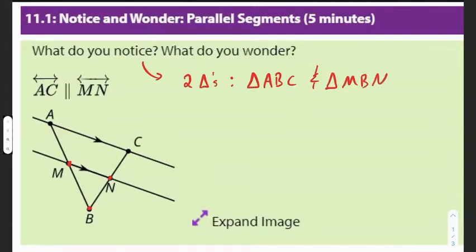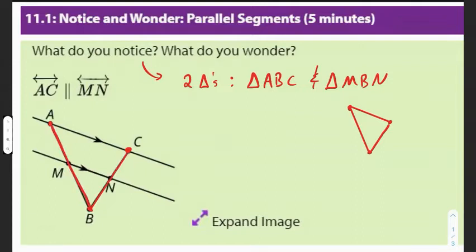So I notice there's actually this smaller, more adorable triangle, as well as the much larger triangle.